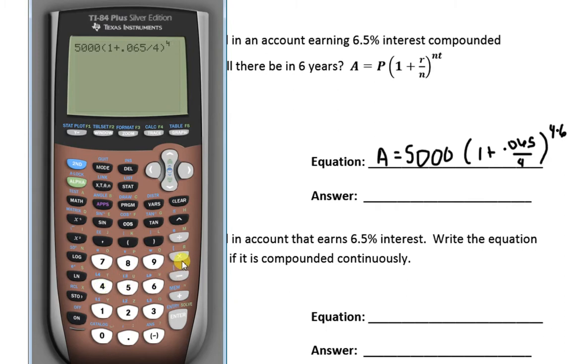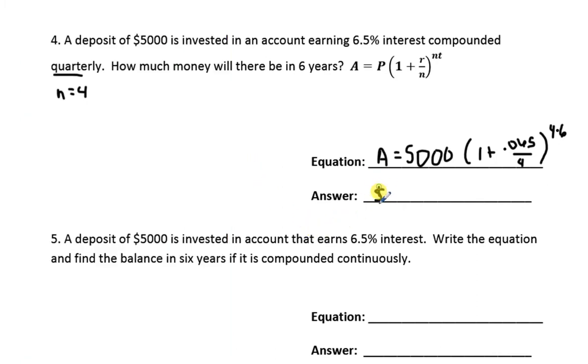Now this calculator I can do that because it keeps it up in the exponent, but if you have the older model calculator, you have to put that 4 times 6 in parentheses or just put 24. So in this one we get $7,361.79.